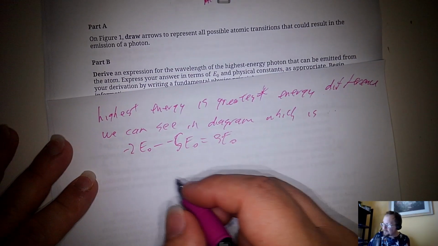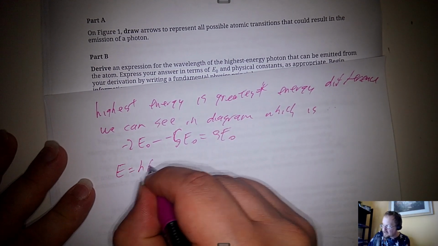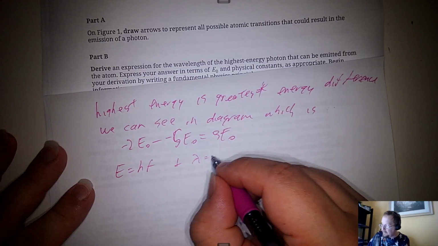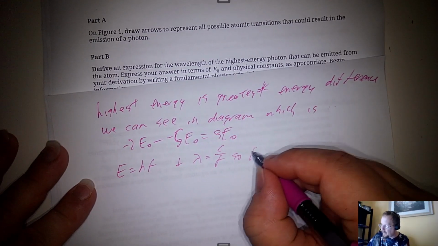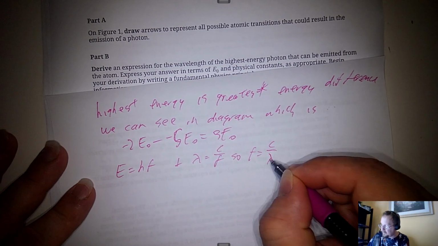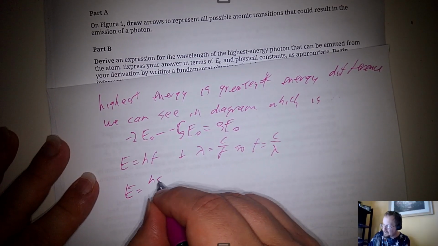Now E is equal to hf and lambda equals c over f, so f equals c over lambda, so E is equal to hc over lambda.